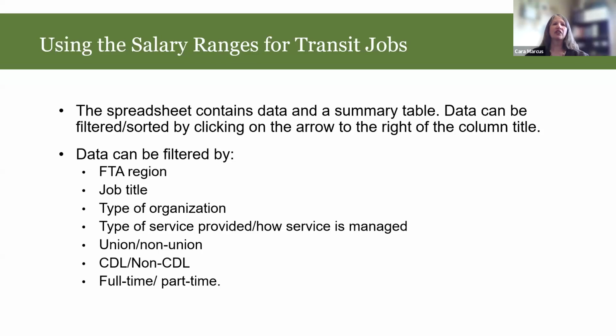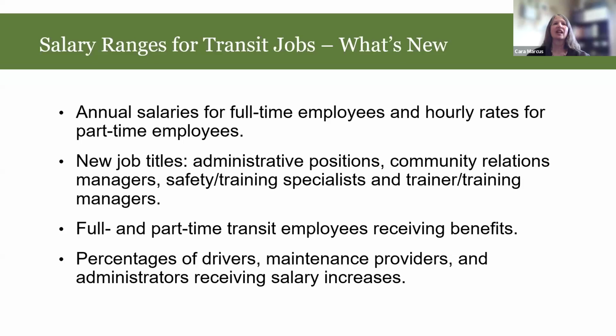The data can be filtered or sorted by many aspects: FTA region, job title, type of organization, type of service provided, how the service is managed, union, non-union, CDL, non-CDL. Probably all of you know that's commercial driver's license, but I like to say acronyms just in case. Full-time, part-time.